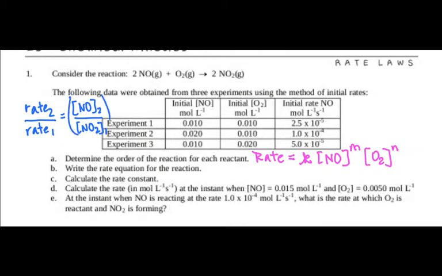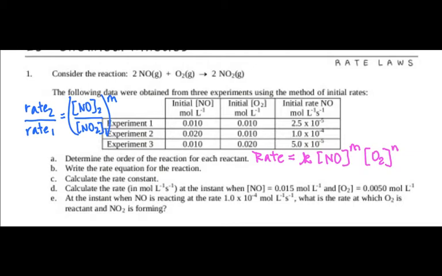We're also going to be solving for whatever this exponent would be, and that's going to equal what this order is over here. So that's really what we're solving for.